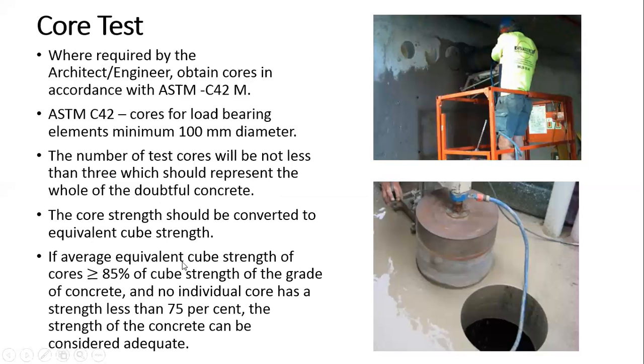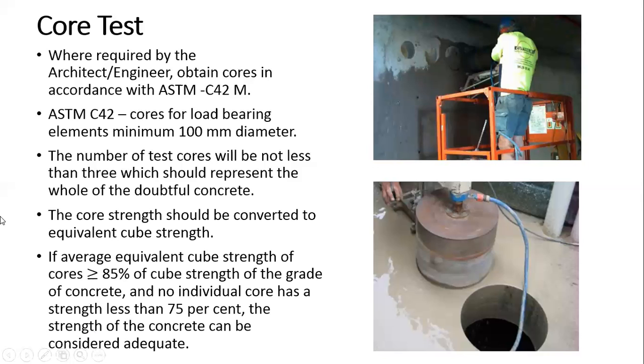Now, if the average equivalent cube strength of cores is more than or equal to 85% of the cube strength of the grade of concrete, and no individual core has a strength less than 75%, the strength of the concrete can be considered adequate. So which concrete do we call good quality concrete?